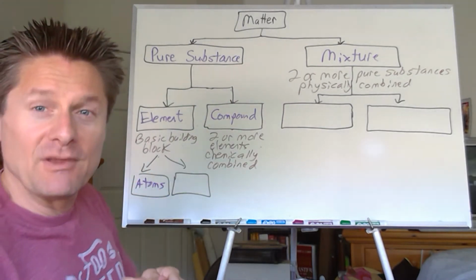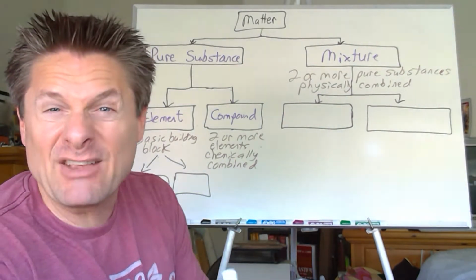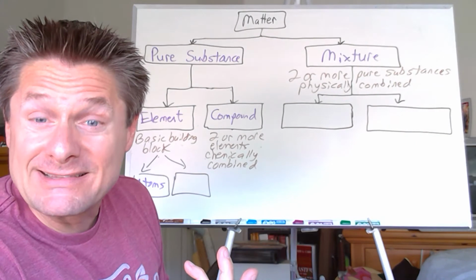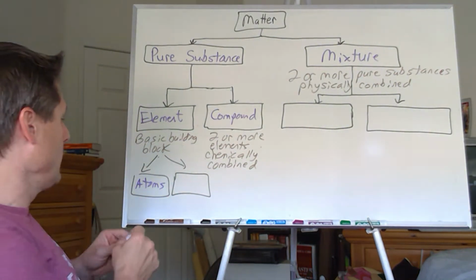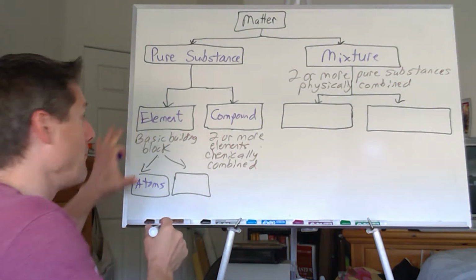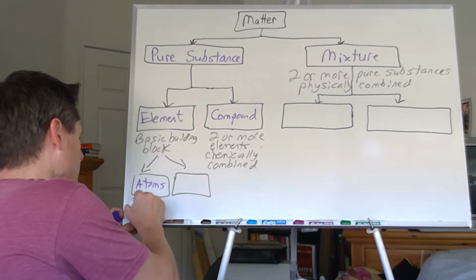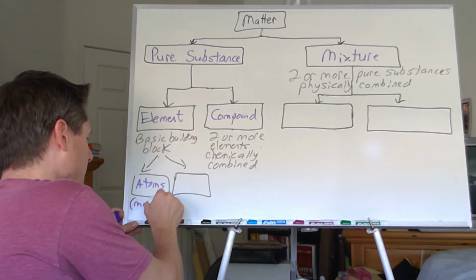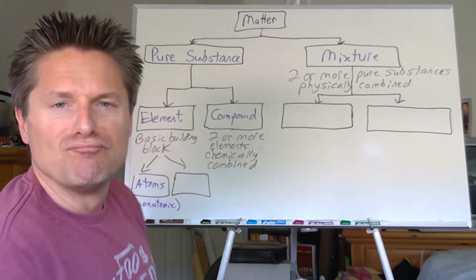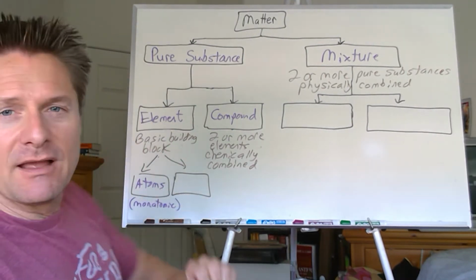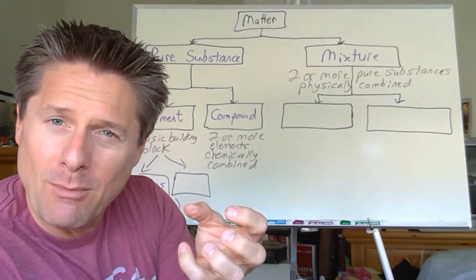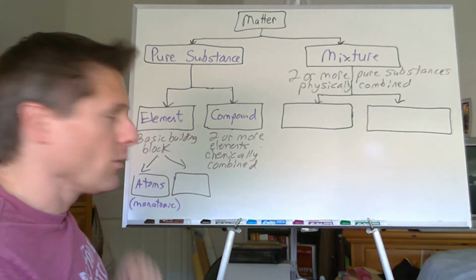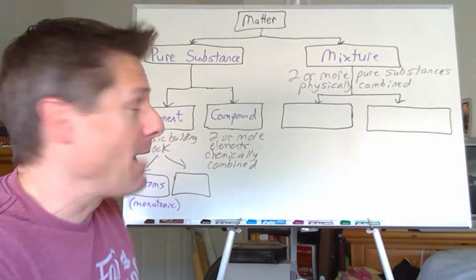So either that element's just going to be like a box full of marbles, and all those marbles are exactly the same, right? So we would call that a monatomic element. Right? So any element consisting of just individual atoms, like little marbles that are all the same, we're going to call that a monatomic element.